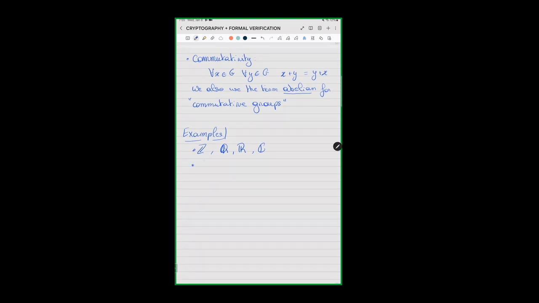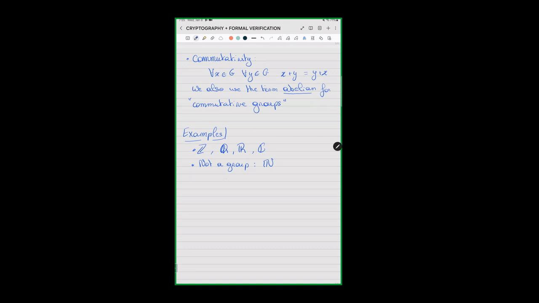What is not a group? Any idea? Andrea or Antoine? A set that we saw before that is not a group. Or Guillaume? We saw another set below. The natural numbers. Yes, exactly. The natural numbers, N, is not a group. Why?